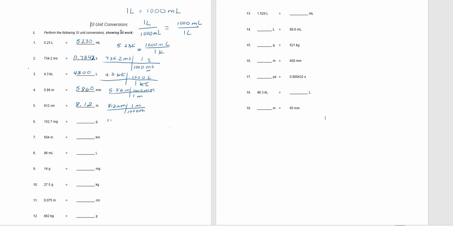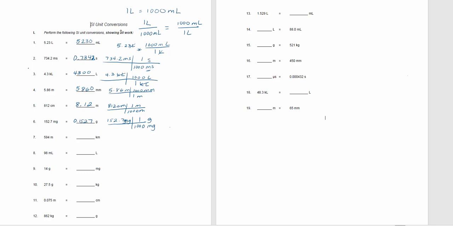152.7 milligrams. Convert that, I forgot my M, milligrams. Convert that into grams. There are 1,000 milligrams in a gram, and therefore 0.1527 grams is 152.7 milligrams.